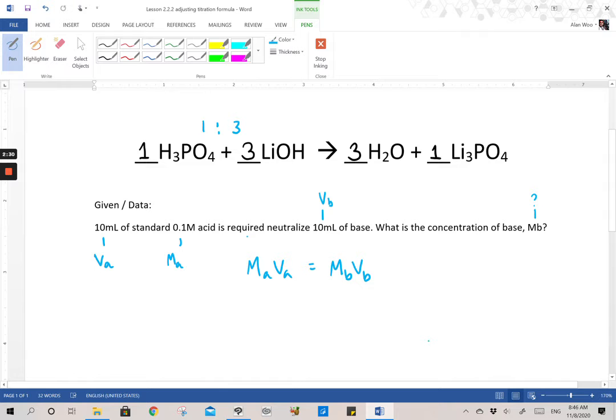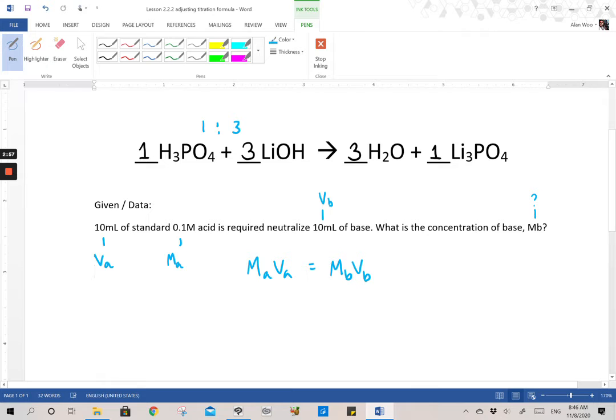If you put it into the standard titration formula, the value will simply be 0.1 molarity for MB. This is assuming a 1-to-1 ratio, but because we have a 1-to-3 ratio, we have to make sure that we adjust it.